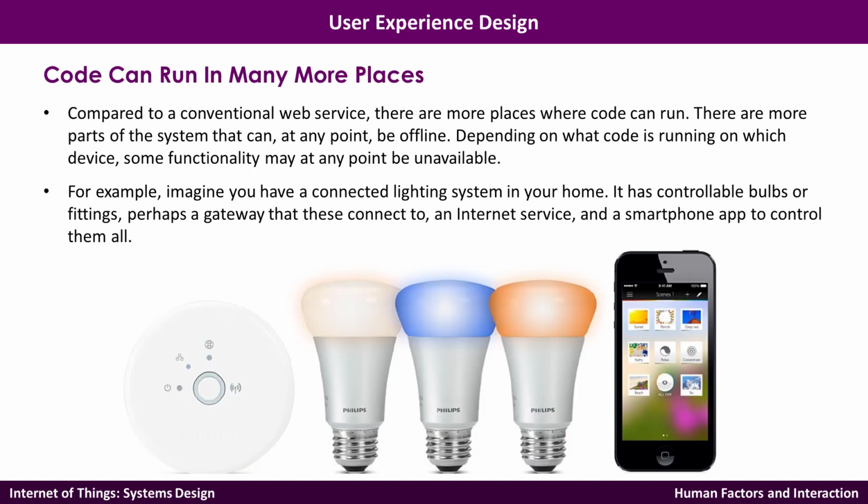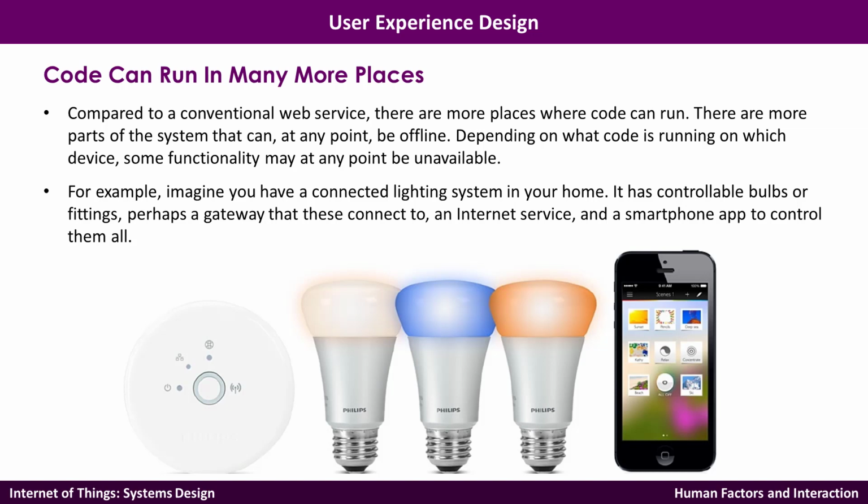Another key difference in IoT is that the code you develop can be run in many different places. For example, if you consider a smart lighting system, some of the code might be on the microcontroller which is embedded within the light bulb itself. Then some part of the code could be within the hub where multiple lights are connected together.